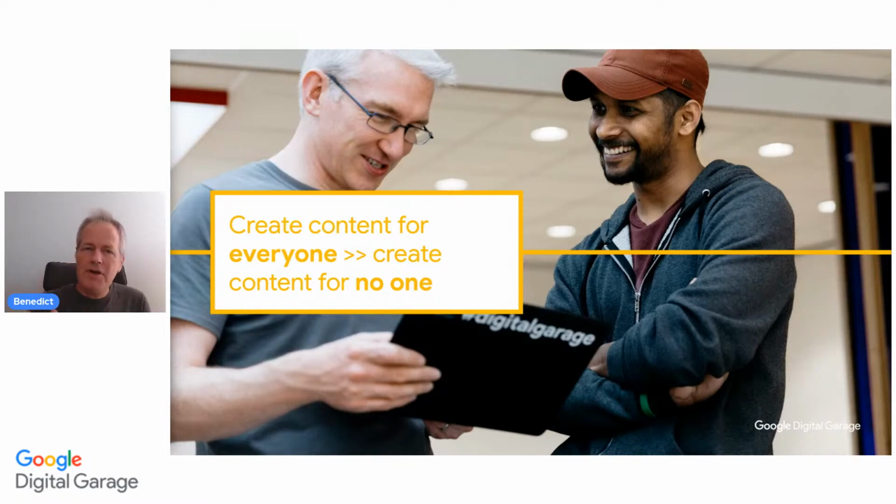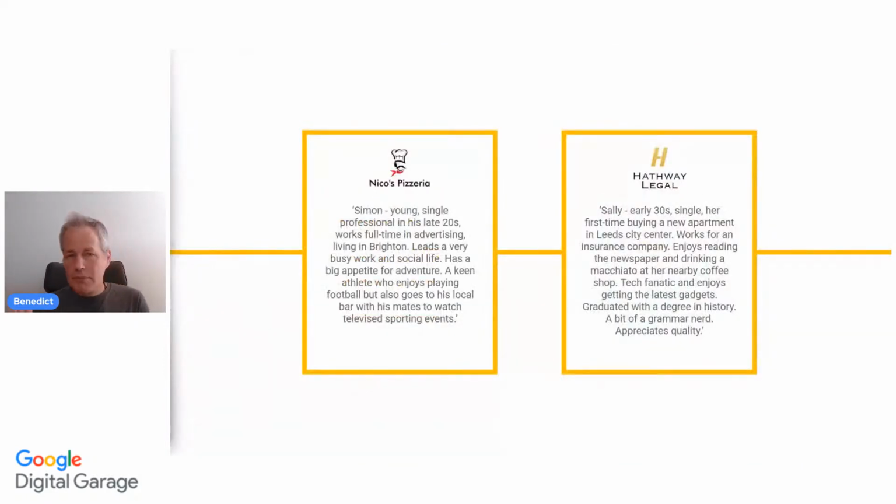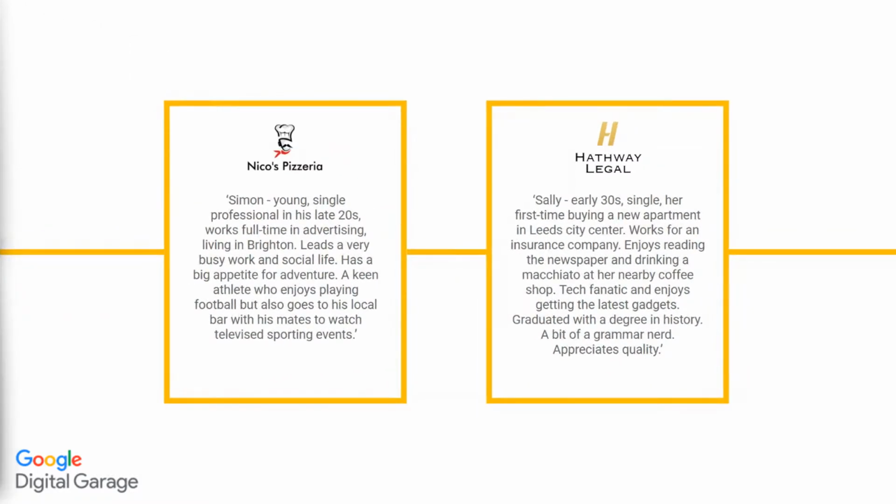Okay, I'm going to provide you now two different examples, just to give you a feel for it, to give you an idea, all right? So, we're going back to Nico's Pizzeria and Hathaway Legal. I'm going to read these now. Actually, I'm going to take myself off the screen just so you can see it a little bit better. So we've got Nico's Pizzeria.